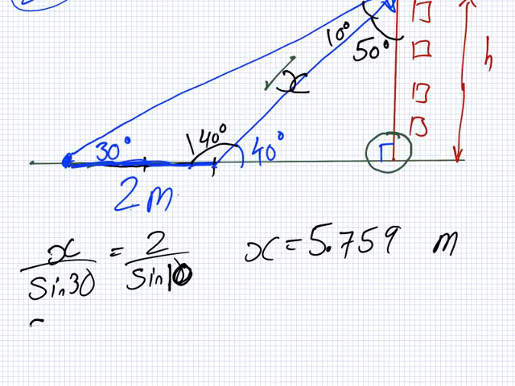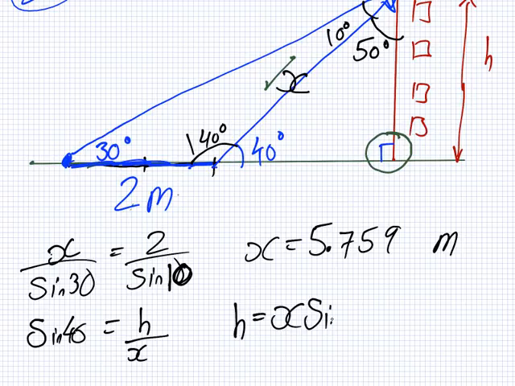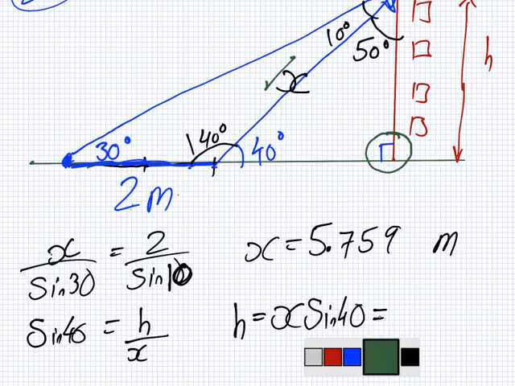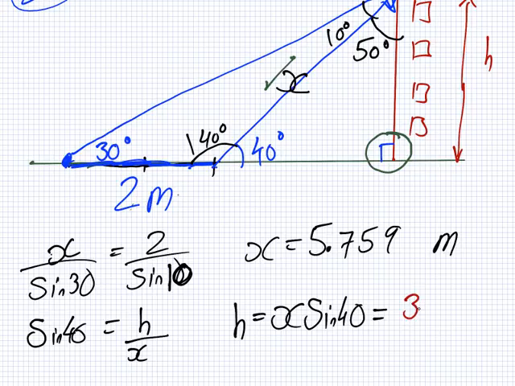So I can say sine 40 equals h over x, so h equals x sine 40. Do I know the x? Yes. And the sine 40? Yes. So I get 3.70 meters as the height.